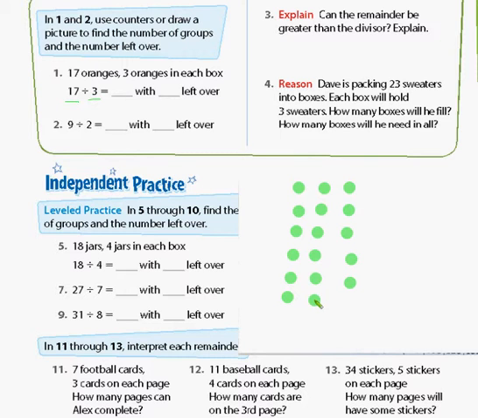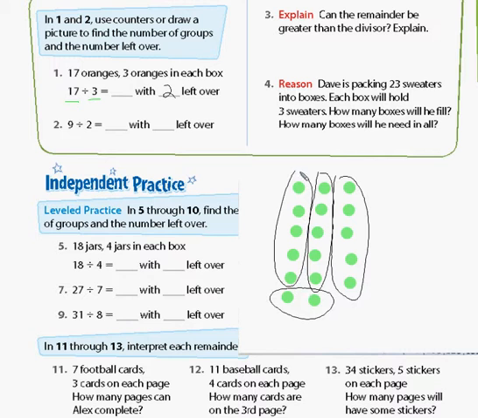Okay, you see there's 2 left over right here. The 2 left over right there. Change the color. That's going to be my remainder, the 2 that are left over. So I'll go ahead and write my remainder in there of 2. And how many do I have in my groups of 3? 1 group of 3, 2 groups of 3, 3 groups of 3.